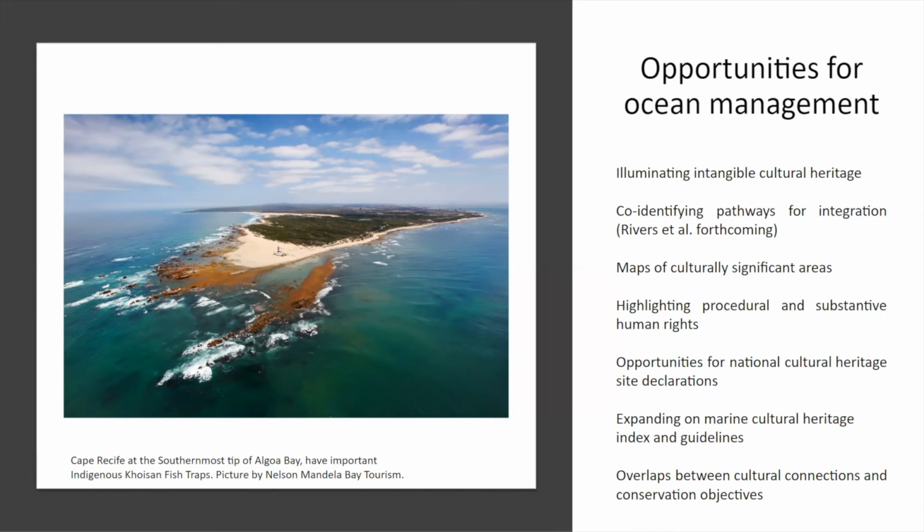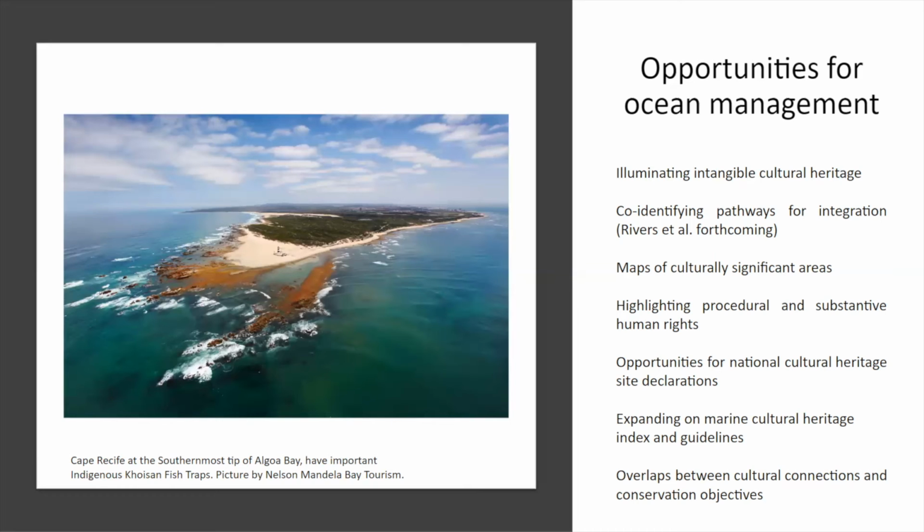The mapping that we've done will actually feed into the marine area plans for the Algoa Bay area. And although it is problematic trying to fit into a system that isn't necessarily recognizing you, it is a step forward, and it might still mean that some areas might be recognized for people's connections beyond just the environmental and the economic.